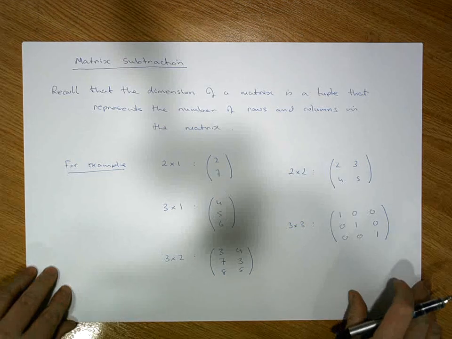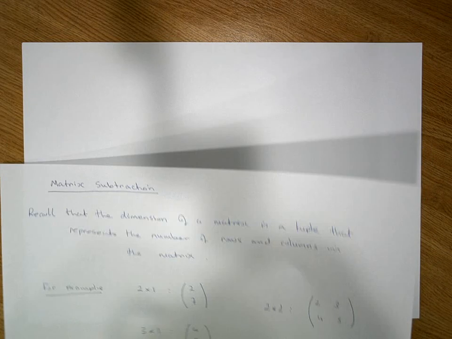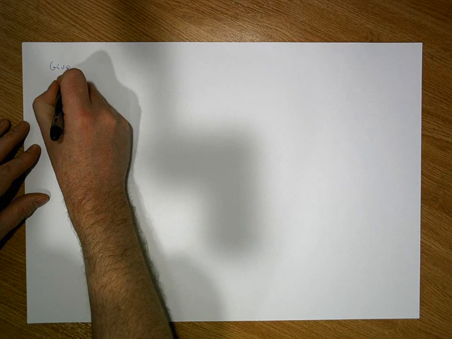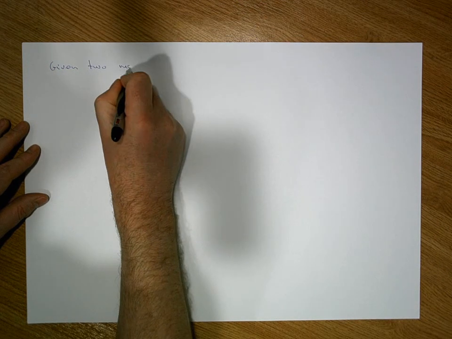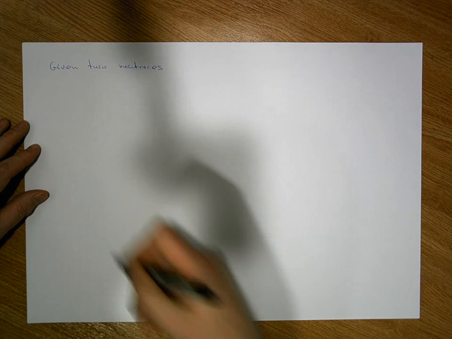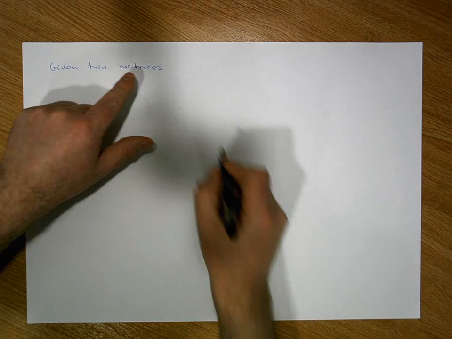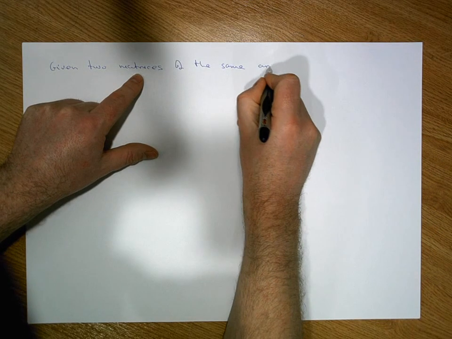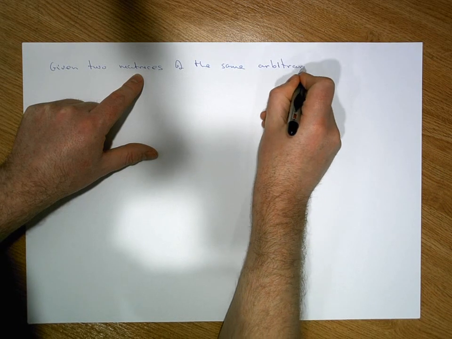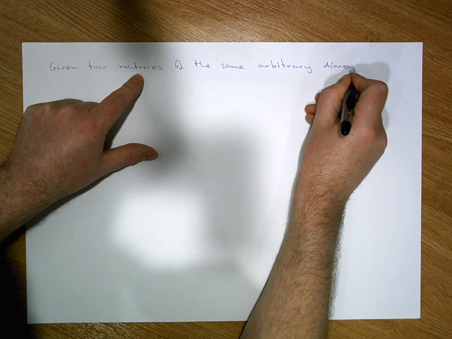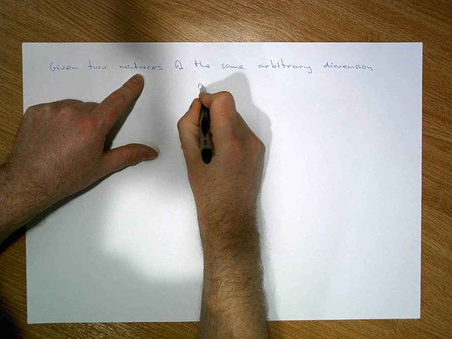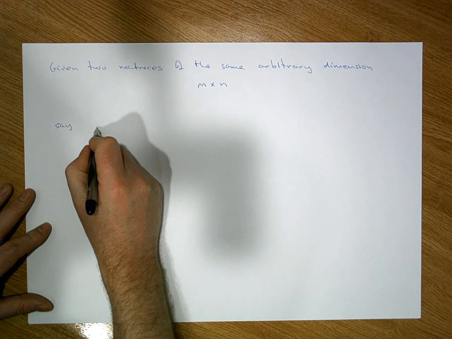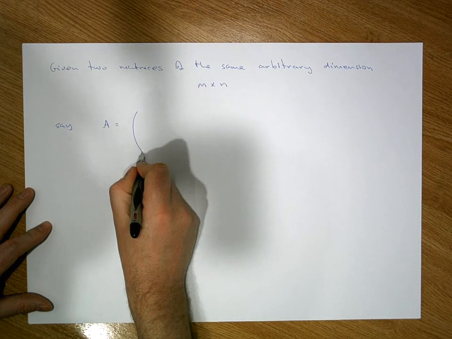So given two generic matrices of arbitrary dimension, let's say of the same dimension, n by n.